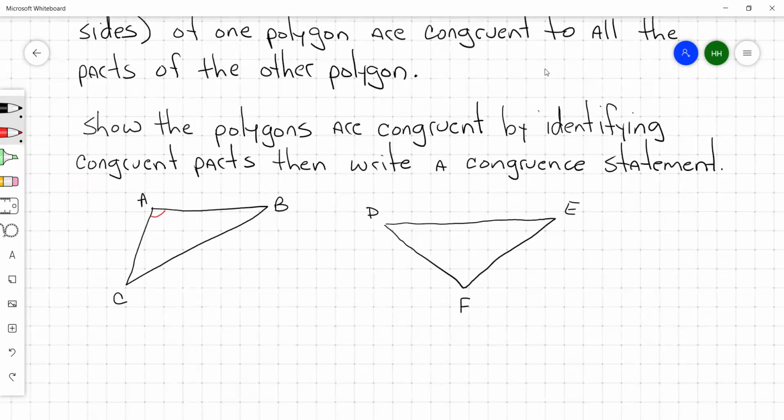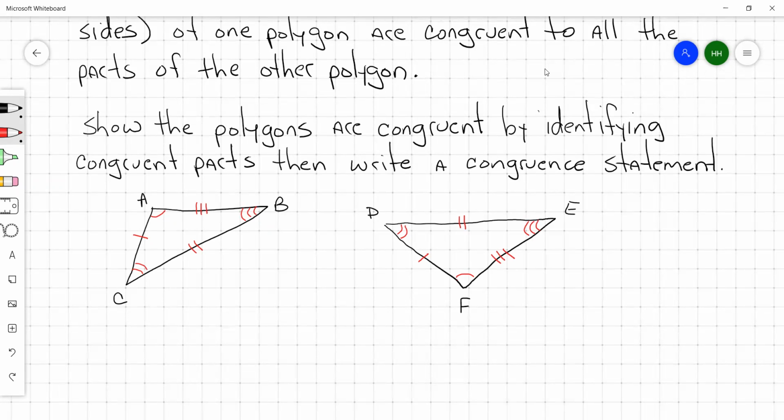Let's say, all right, remember these tick marks and arc marks.